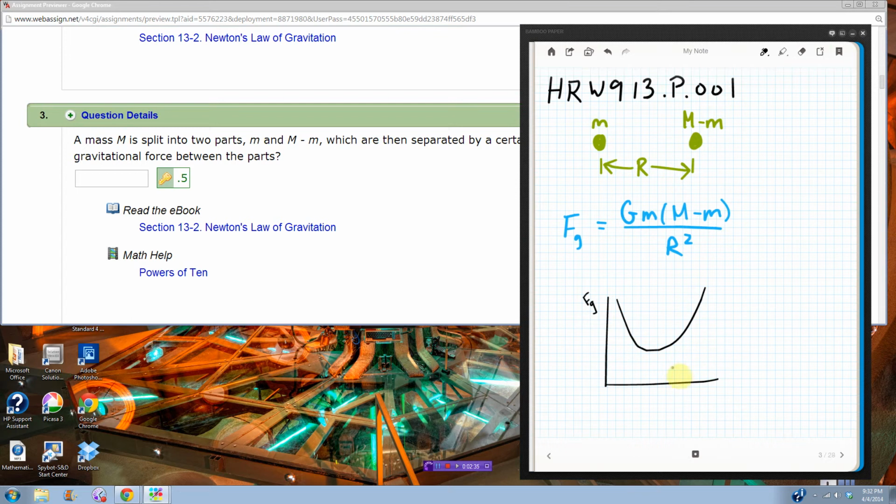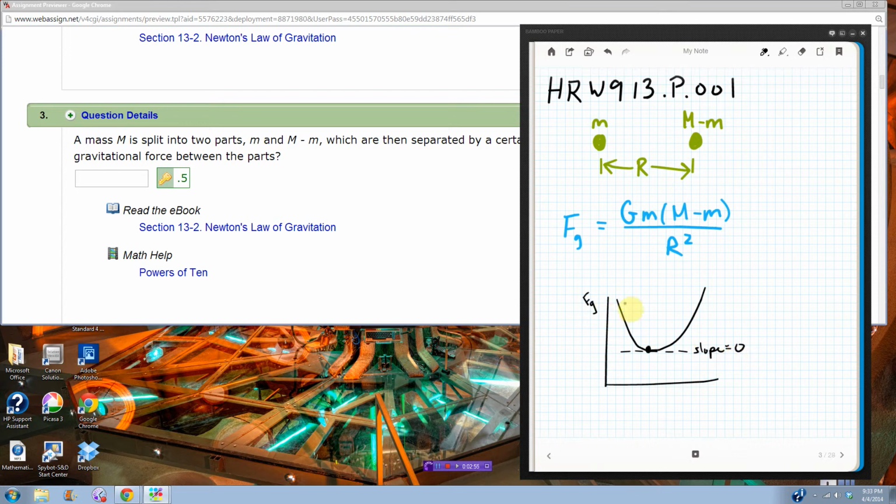If we graphed it, it would look like this. The minimum is right down here at the bottom. At that point, where you stop going down and start going up, the slope should be 0.